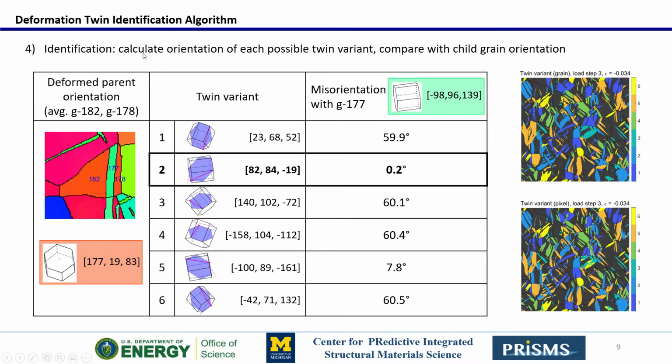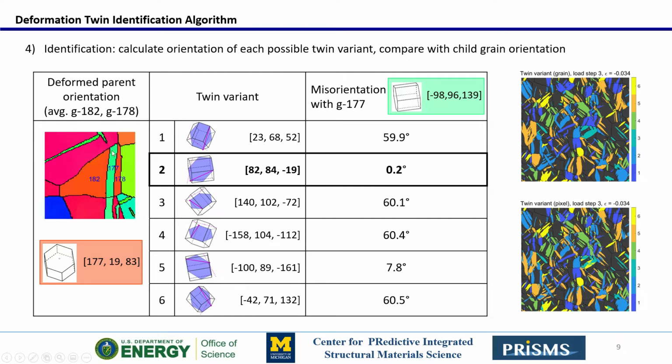To perform the identification, we calculate the orientation of each possible variant for the deformed parent orientation, and we compare the misorientation with the child grain of interest. If a misorientation is small enough and smaller than all other possible variants, then we say this child grain is a twin of this twin variant.